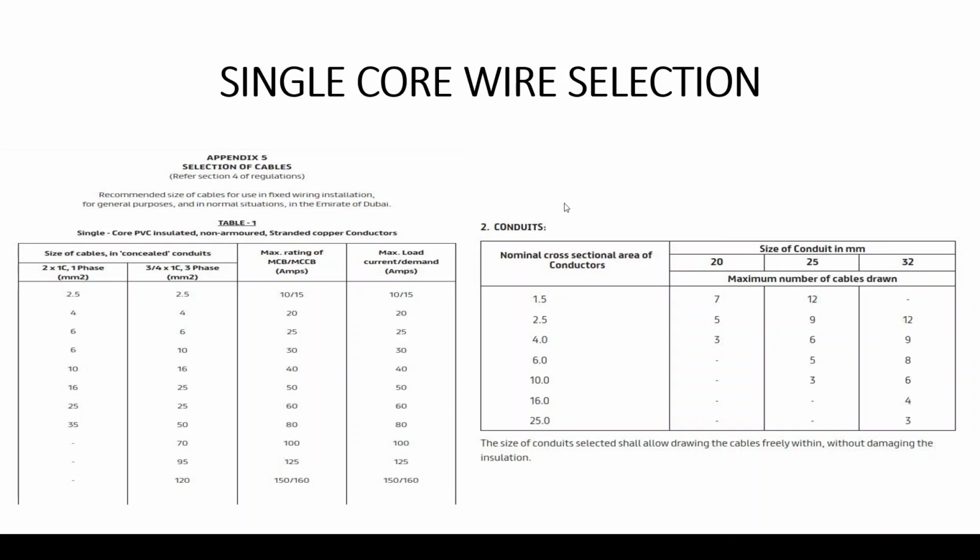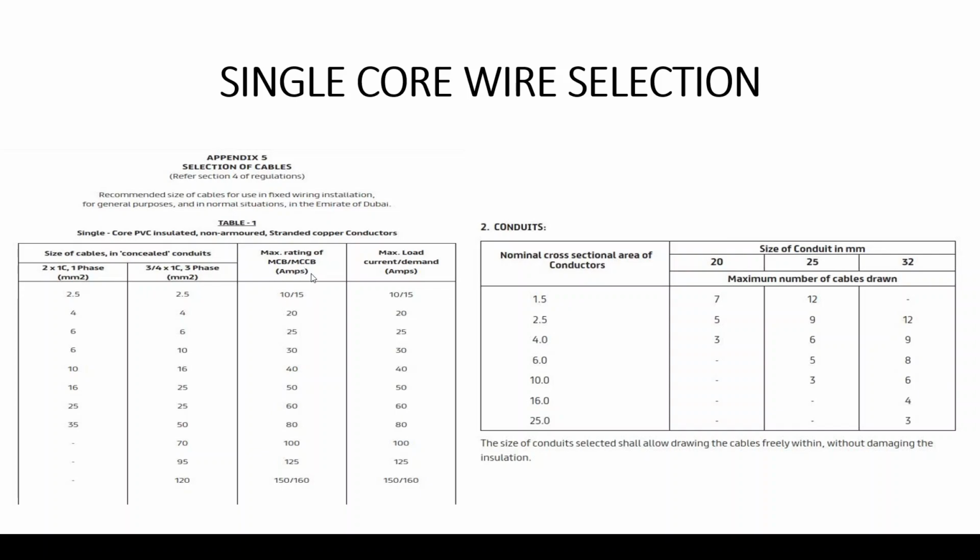So for a light circuit, you can see here this table, which is table 1 in the DEWA regulations. You can find it under appendix 5. For example, let's say we have a lighting circuit which is 10 amp or 15 amp.